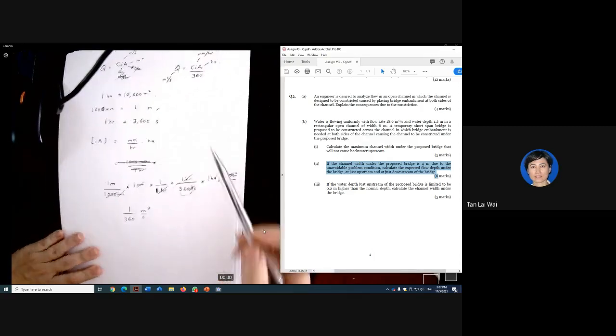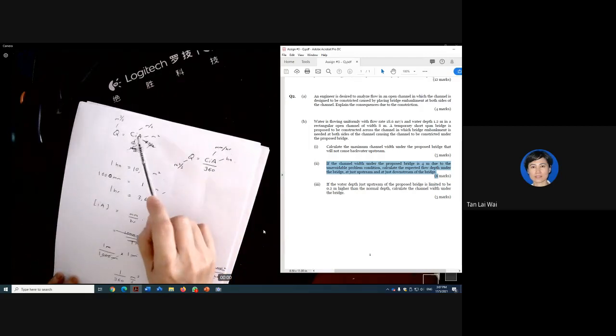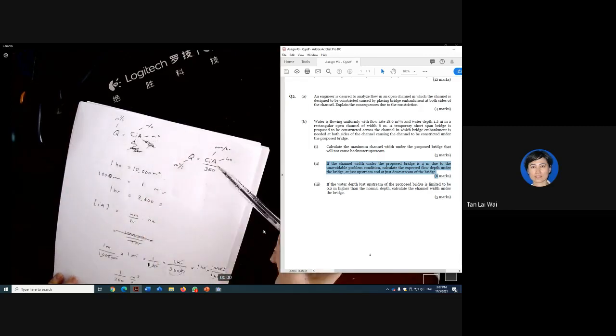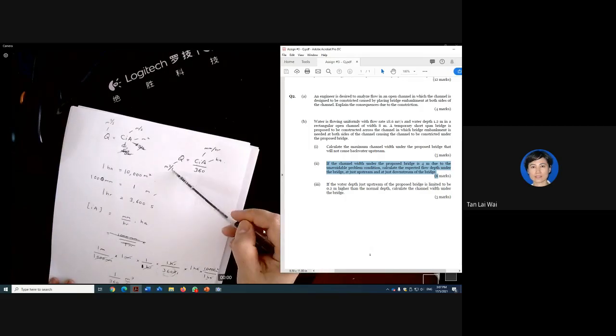So now you know, if I write this formula, it is correct too, if my intensity is in meter over second and my area is in meter squared. But of course, the rainfall intensity that you are going to find is in millimeter per hour. You don't have to convert, because if you use this conversion constant, it automatically converts to meter cubed per second.